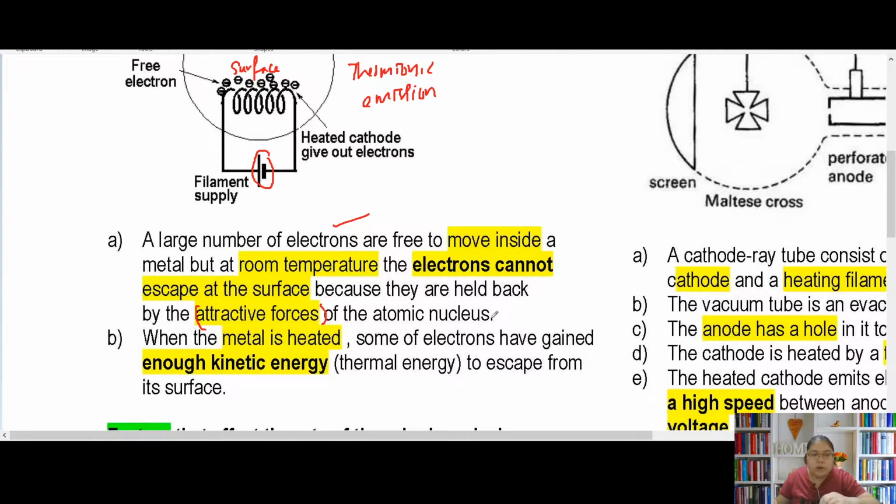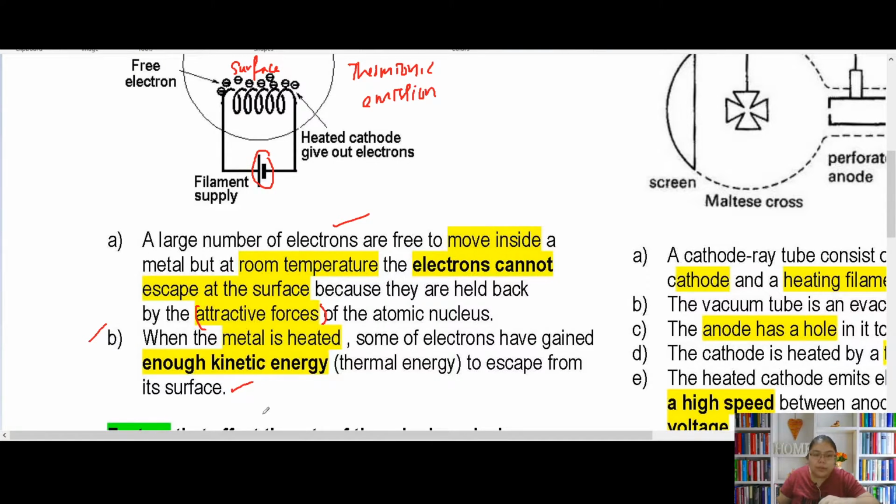Okay, let's see B. When the metal is heated, some of the electrons gain enough kinetic energy. They gain the kinetic energy from the thermal energy from heating. Then after that, they escape from the surface.